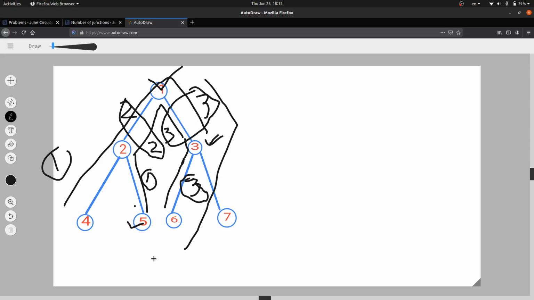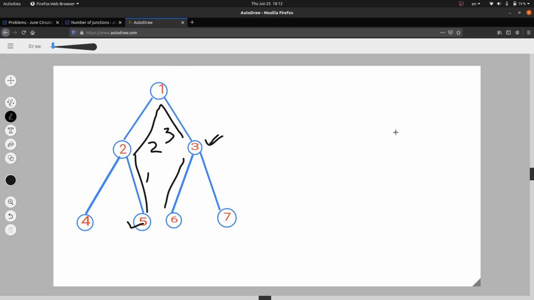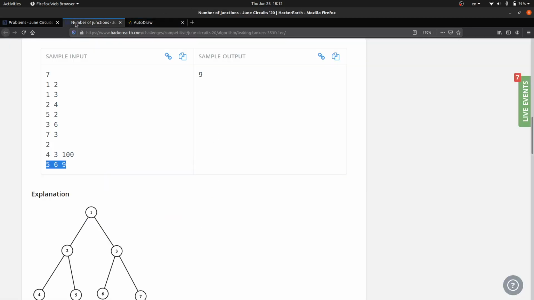Okay, so this will give a TLE. Now I will explain why it would give a TLE.